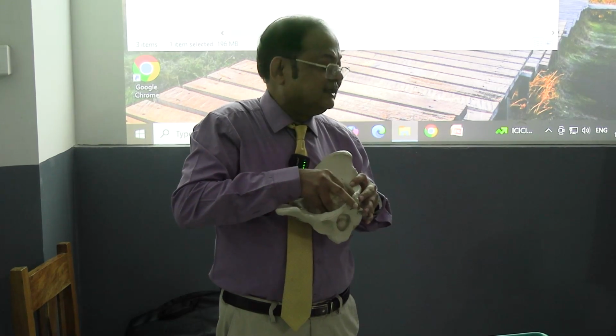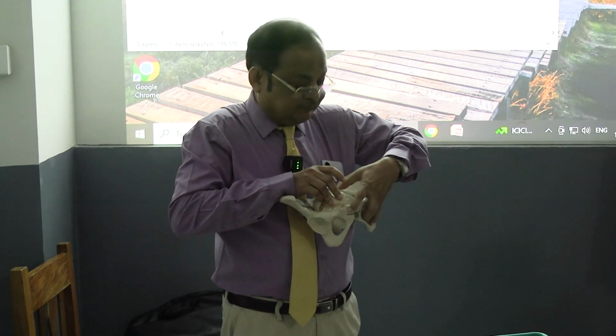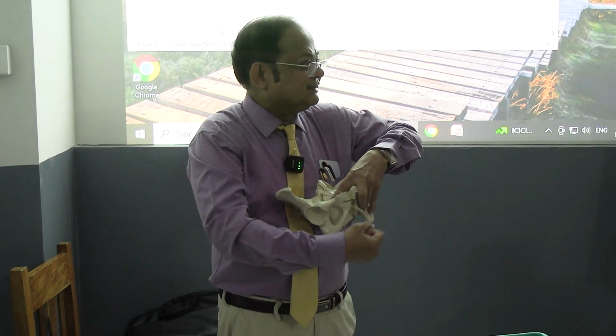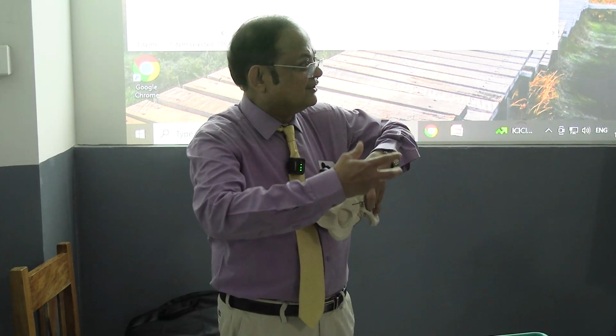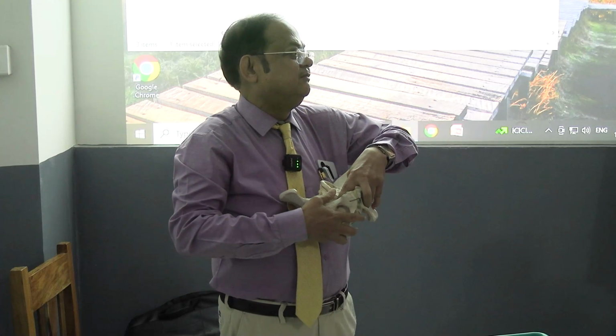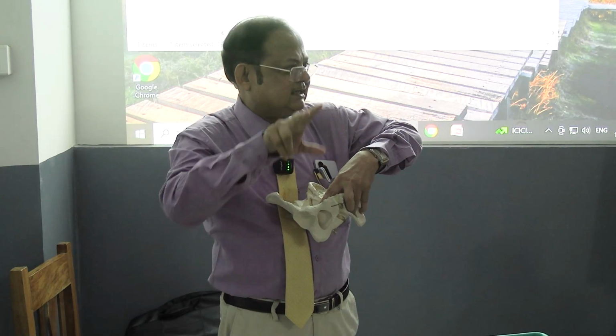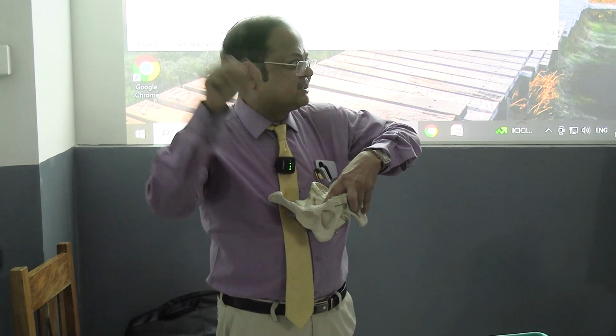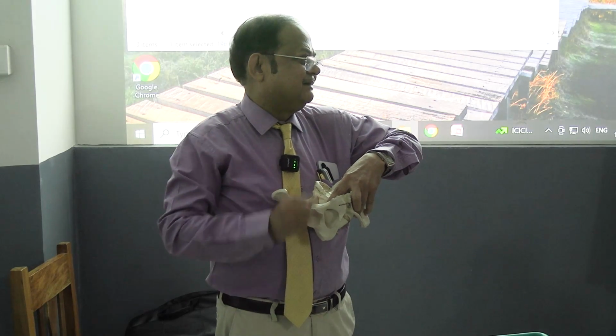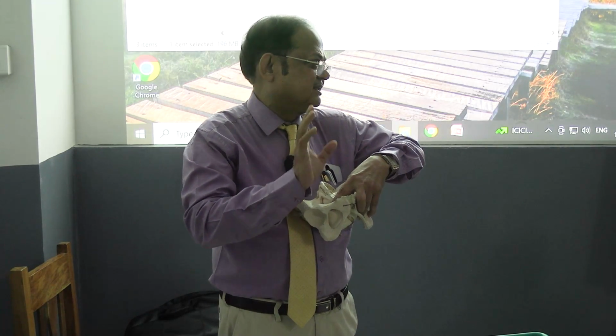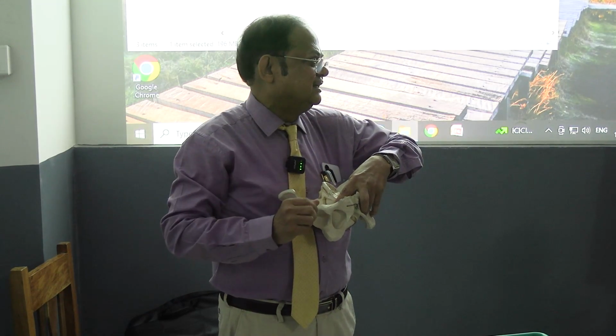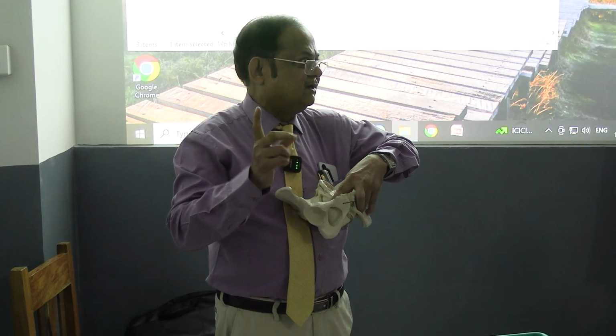If there is no rotation, what will you do? If you apply it and give traction, it will follow the normal mechanism, and rotation will be okay. So that is the auto-rotation with traction. But with forceps there is no auto-rotation. So that is one important advantage of the ventouse.